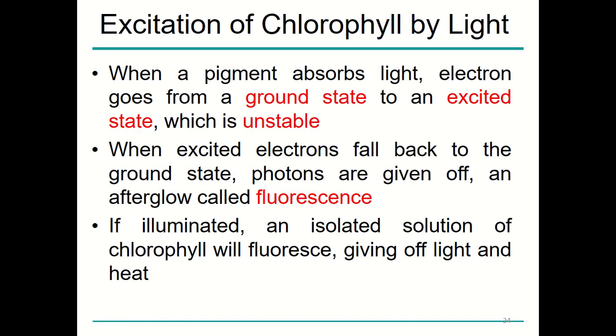So next, excitation of chlorophyll by light. As I mentioned earlier, the pigment is the one that is responsible for absorbing the light. Once they absorb the light, the electron from the ground state will jump to the excited state, and it is unstable.